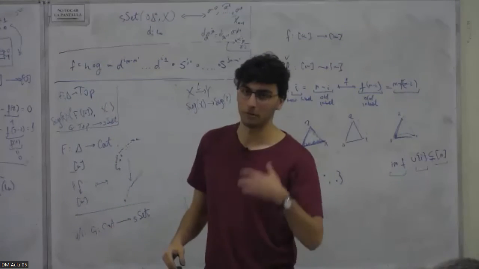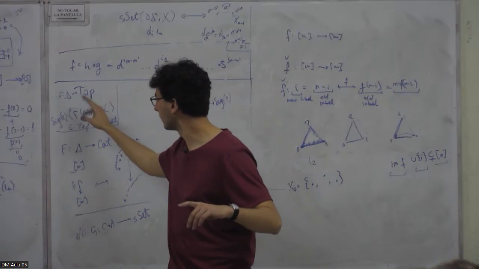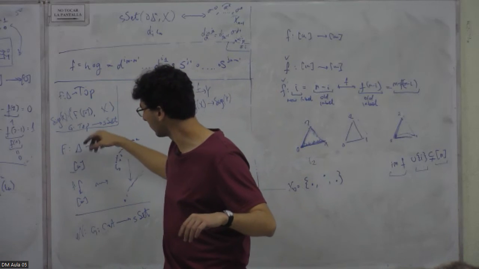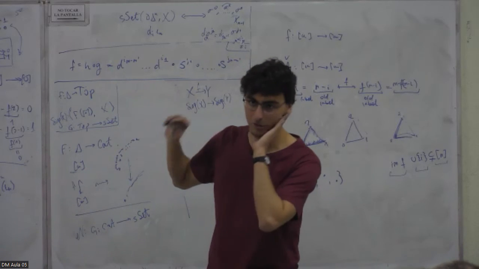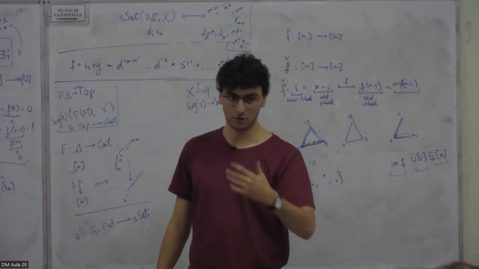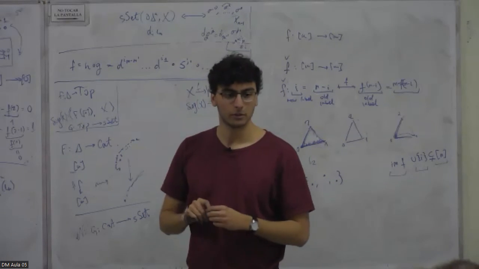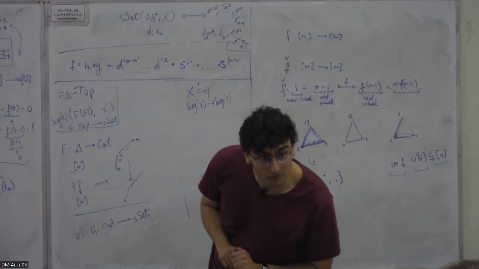And I also describe a recipe for when your favorite category happens to be cocomplete, that is, it has all small colimits, then you can get adjoints, I think right adjoints, to these.